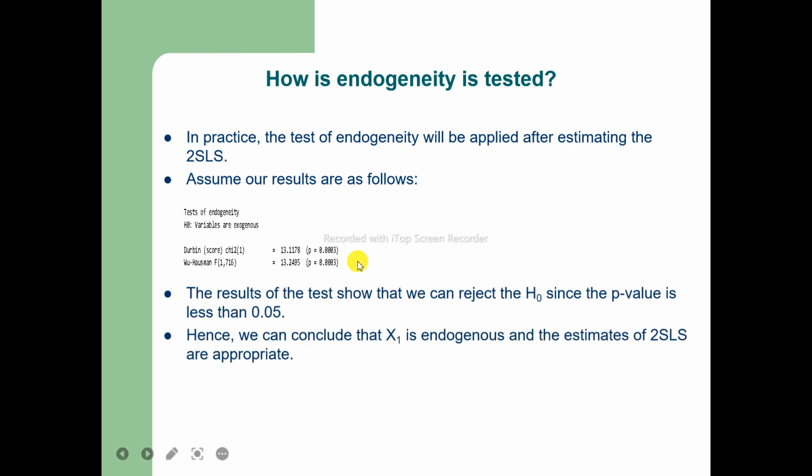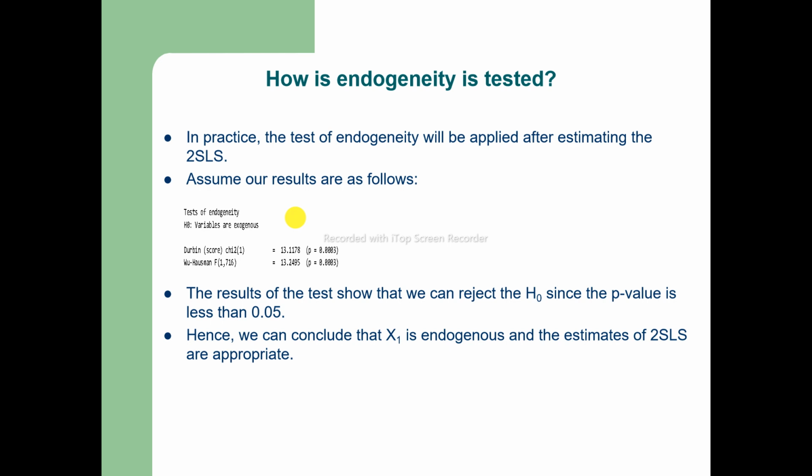and this is the test of endogeneity. Here the null hypothesis is that variables are exogenous in the model. But if the Durbin chi-square and the Wu-Hausman F p-value are less than 0.05, then we reject this null hypothesis.